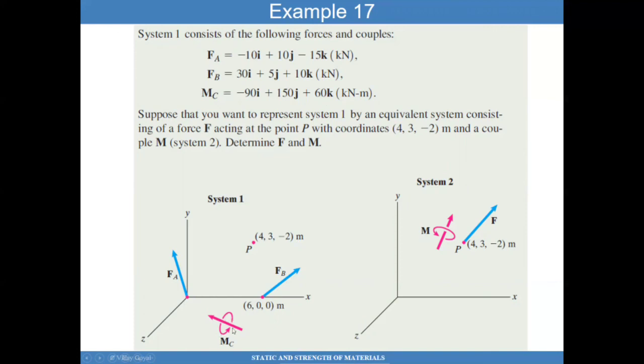So suppose I want to represent system 1 by an equivalent system consisting of a force F acting at the point P with these coordinates, and a couple M of some kind. So the question here is determine F and M. So how do I do that? What is the strategy? Well, to find the force F is as simple as adding FA plus FB, and that will give me a resultant force, and it will give me the magnitude and direction, or the components as well, for this force.